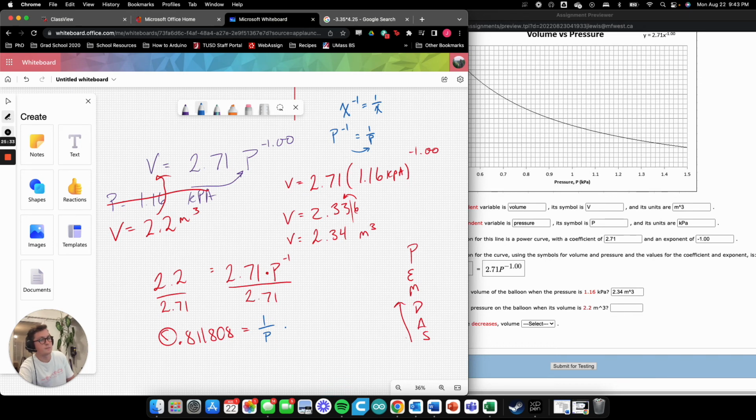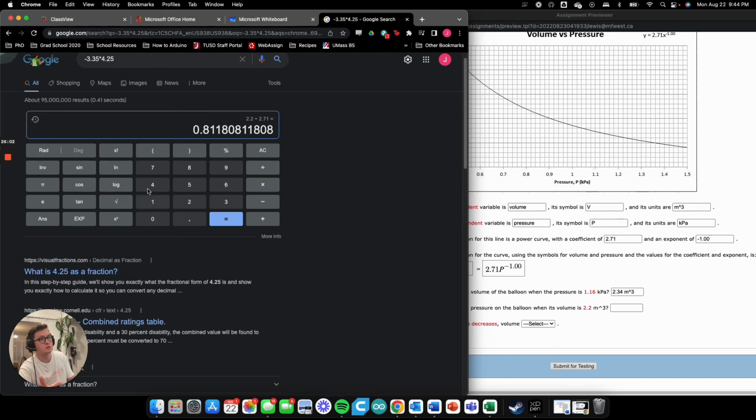We want p on top. So if I flip p to go up top, I have to take this, which has an implied over 1, and flip this as well. So the actual answer would be p equals 1 over 0.811808. What is that? We've got to figure that out. There's usually an inverse button. Nope, wrong inverse.